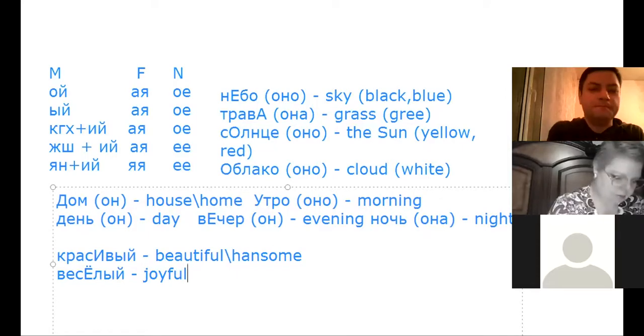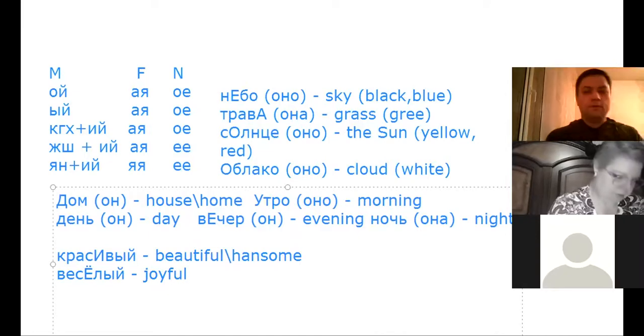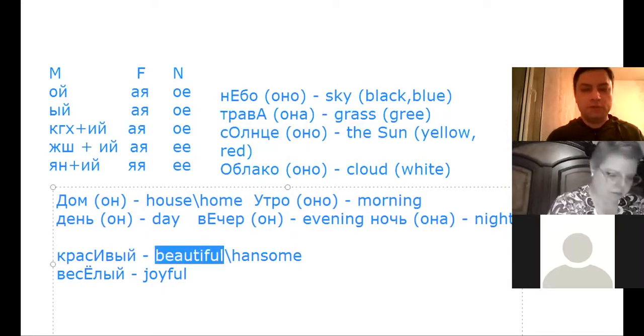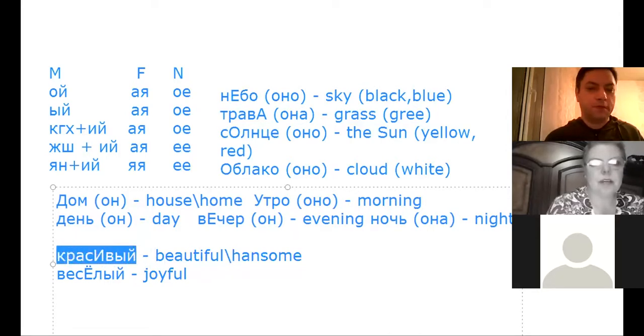Joyful, веселый. As for the word красивый, this word can be used to describe absolutely every noun. In English, mostly you use the word beautiful, and the exception is men, humans, the males, for whom you use handsome. But in Russian, both men and women are described by this word, красивый.